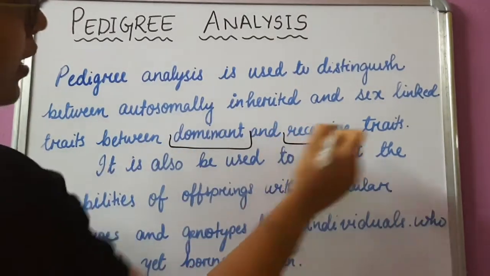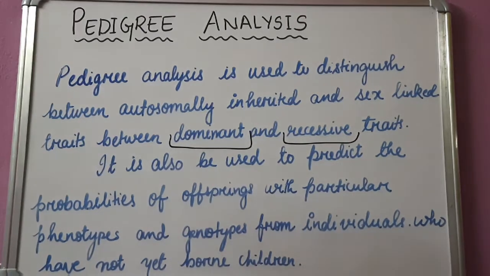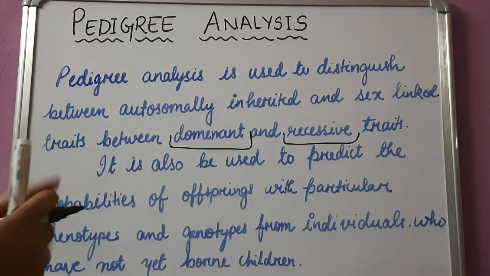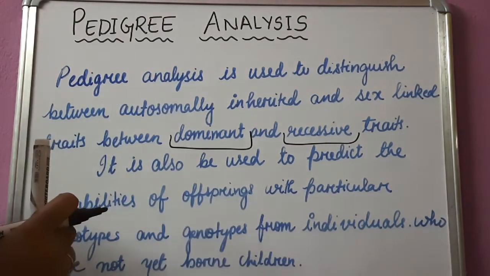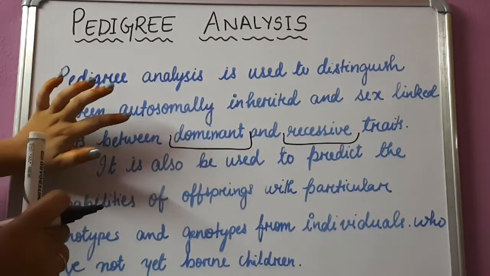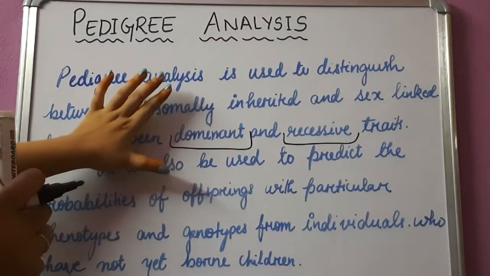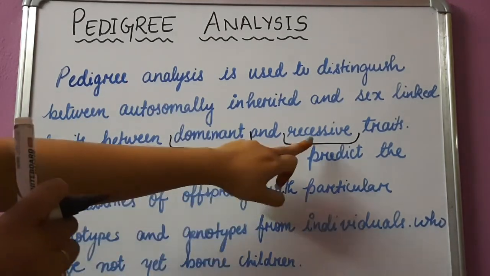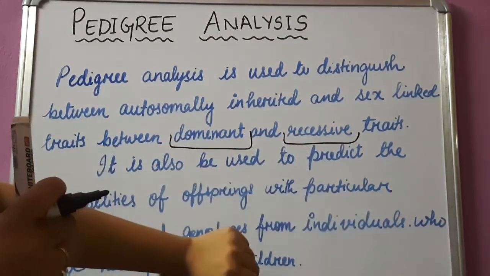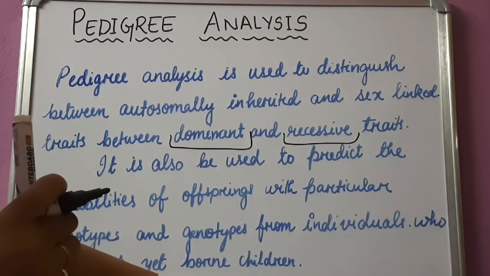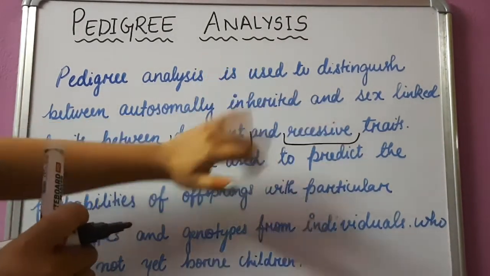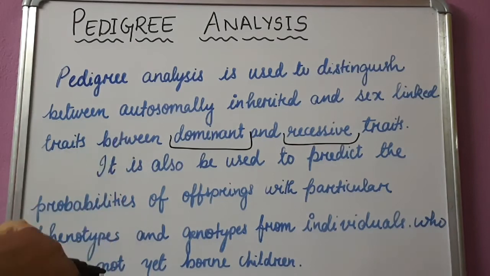Either hemophilia or normal is dominant, and the trait will pass to the next generation. If hemophilia is recessive, it won't pass to the next generation. If normal is recessive, it won't pass to the generations.